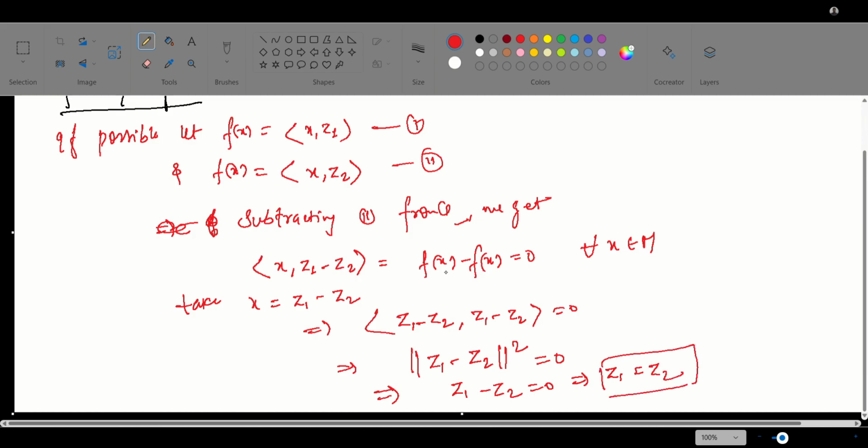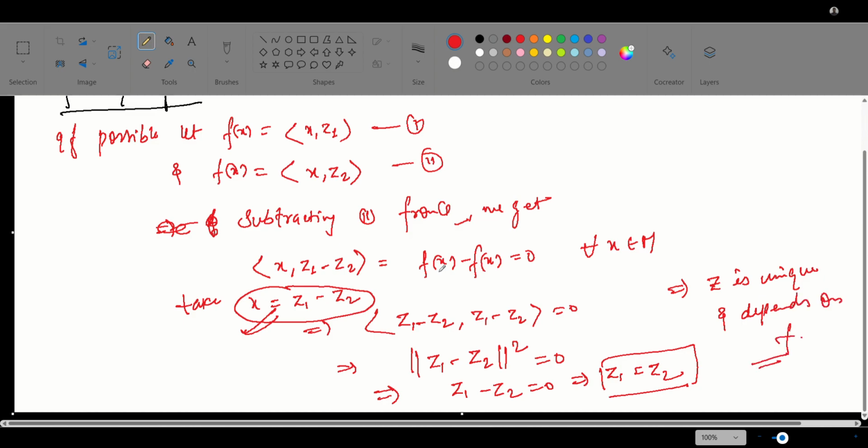But there is a condition that we take the value of x equal to z1 minus z2, right? So this implies we can say z is unique and depends on f, right?